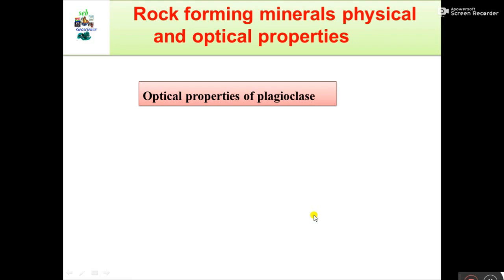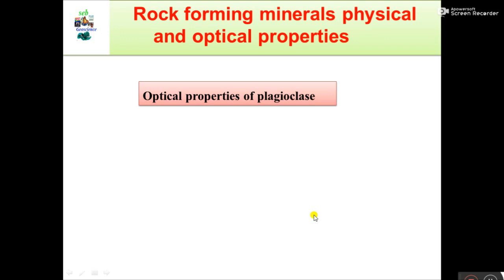Geochemistry is the final, accurate identification of minerals or rocks. So the second property of a mineral to determine its name is optical property.